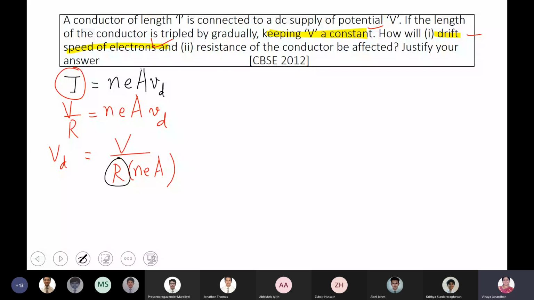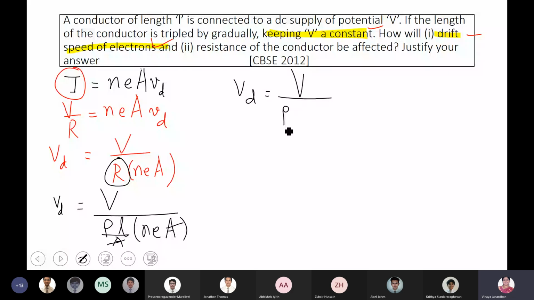It is rho L by A. So VD will be equal to V by rho L by A into NEA. Correct? So A and A will get cancelled. So VD will be V divided by rho L N into E.